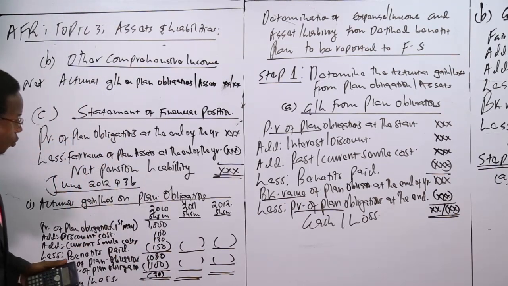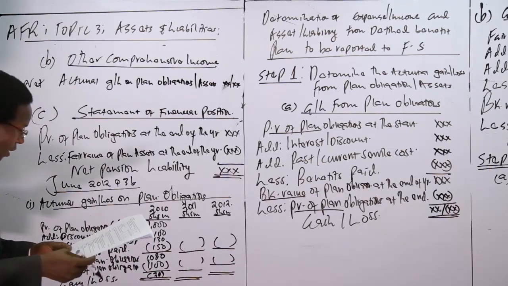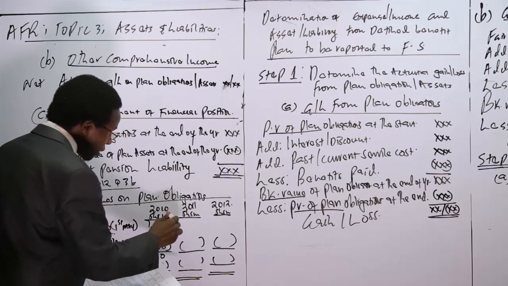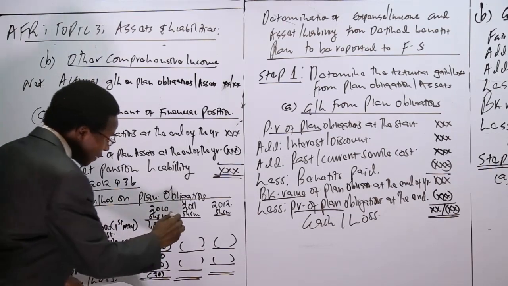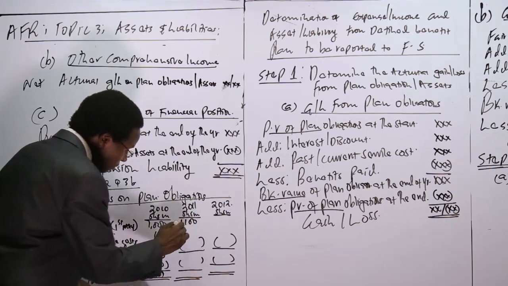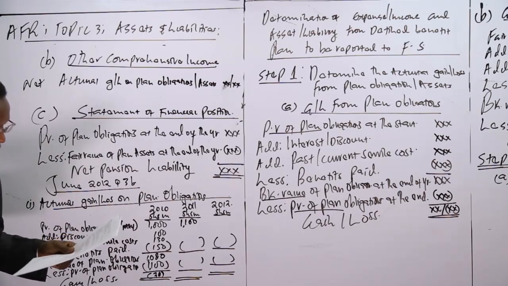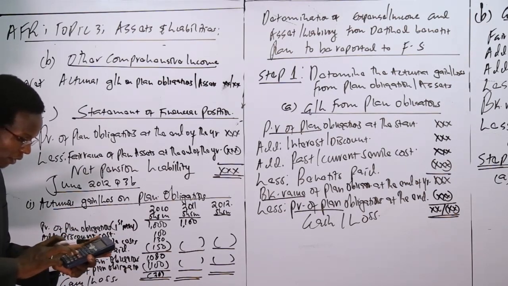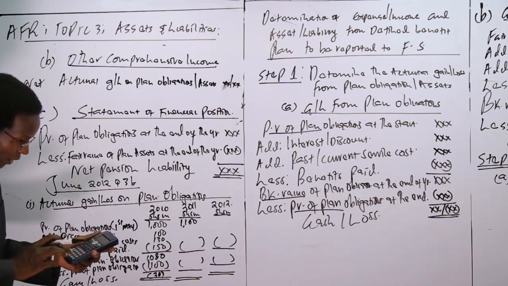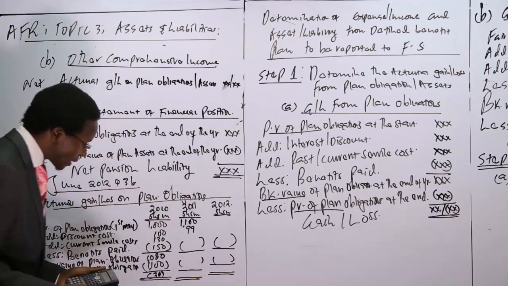Then we come to 2011. We do the same story. The balances brought down in 2011 are the balances carried down in 2010. So this is 1,100. Then the discount would be 9%. So I take 9% of 1,100, and I'm getting 99, which is close to 100.